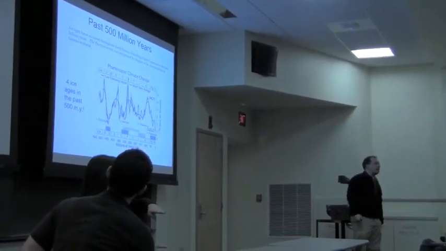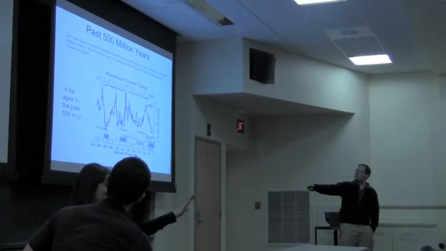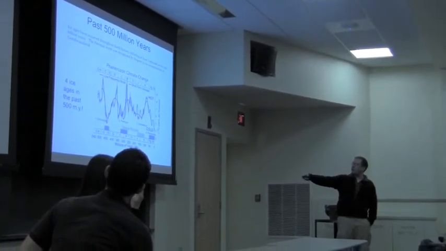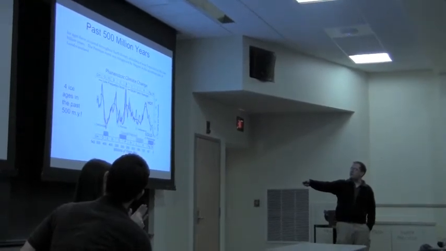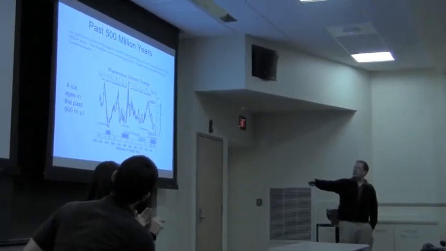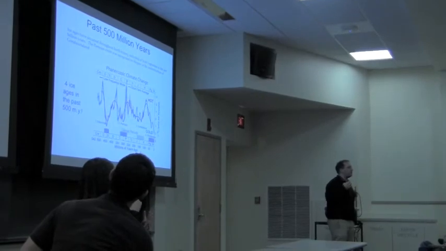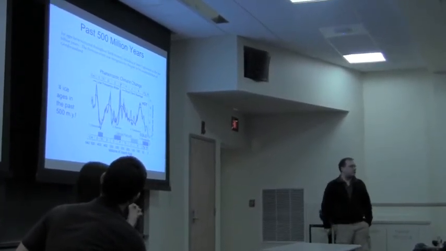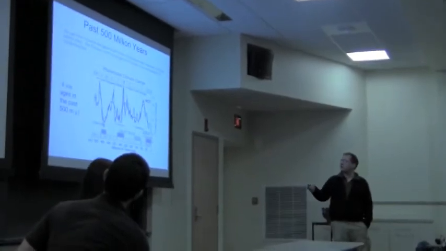In particular, over the last 500 million years, there have been 4 distinct periods of glaciation: the Pleistocene, the Cretaceous, the Permian, and the Ordovician, where you had major ice ages, with extensive ice sheets covering the northern hemisphere and part of the southern hemisphere.